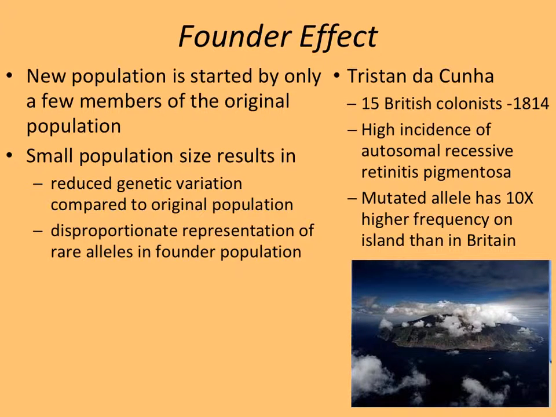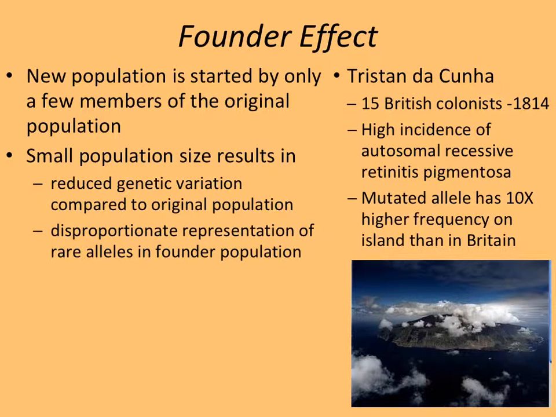There's this little island called Tristan da Cunha. That's a British island out in the Atlantic Ocean. Fifteen British colonists went there in 1814. And of course, they bred, and they got a bigger population. Unfortunately, one of them had a recessive trait that was deleterious, that was bad.